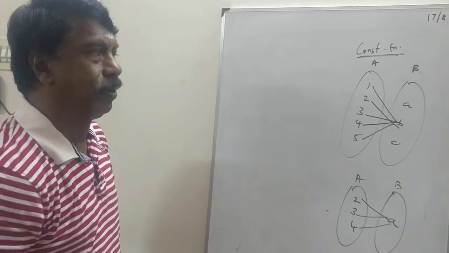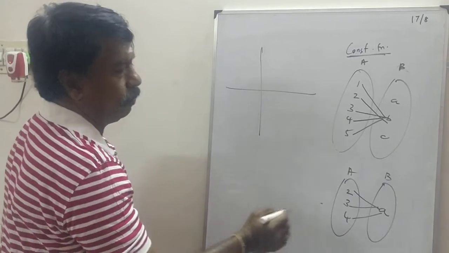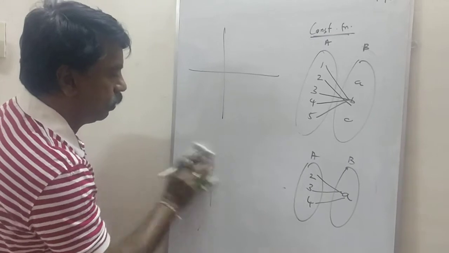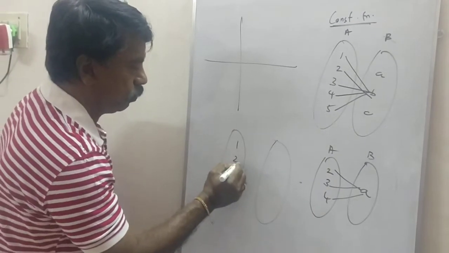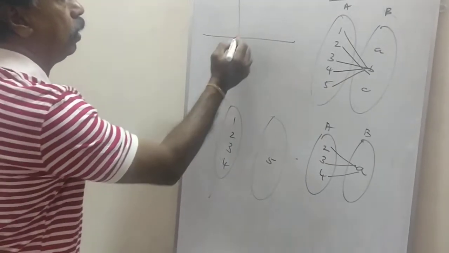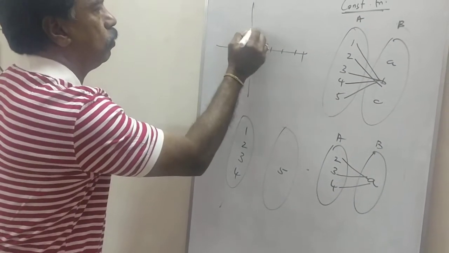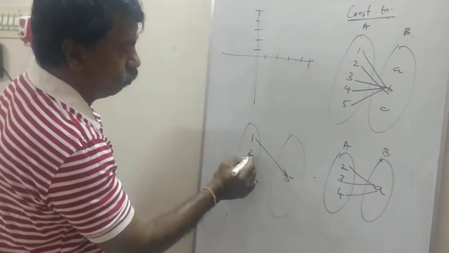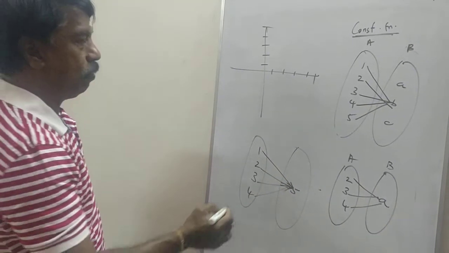Now, what about the constant function? For example, suppose 1, 2, 3, 4, the image is 5. Image of 1 is 5, image of 2 is 5, image of 3 is 5, and image of 4 is also 5.